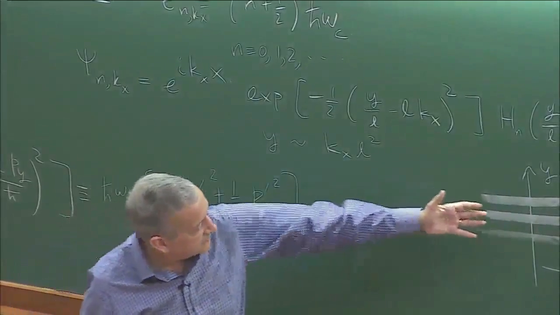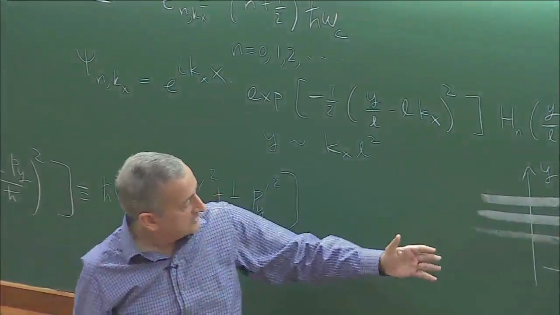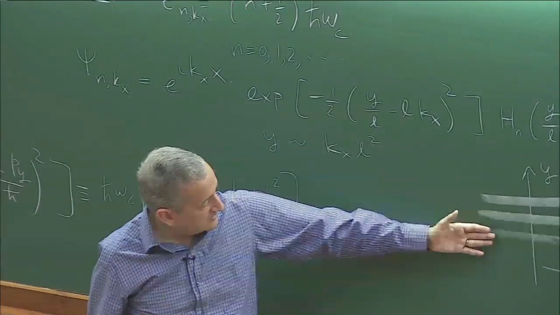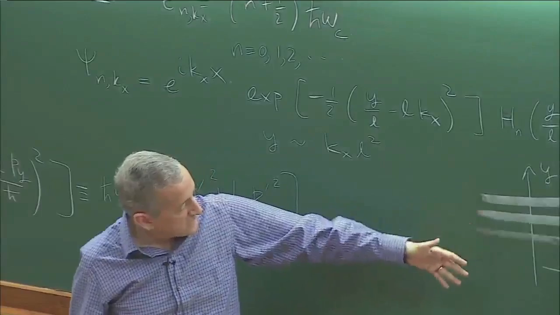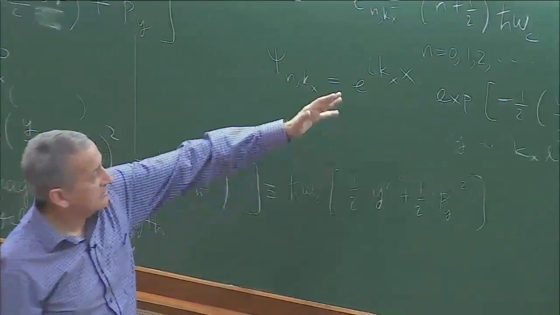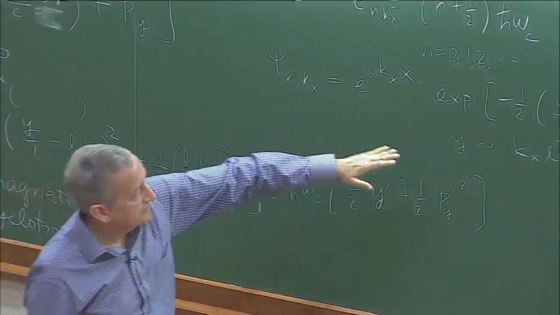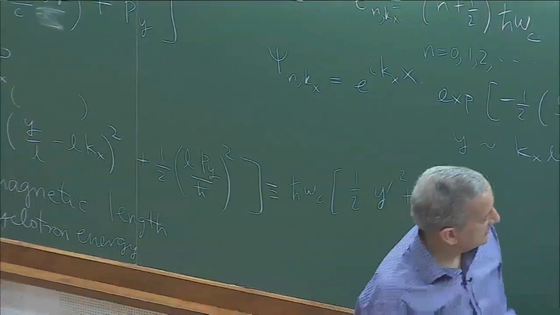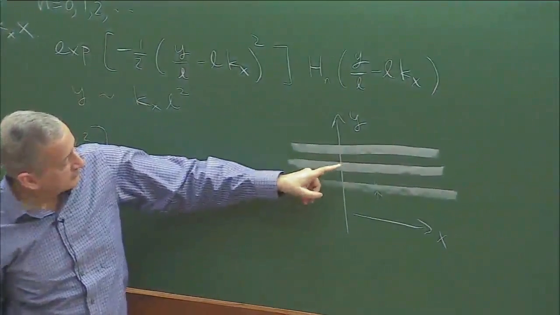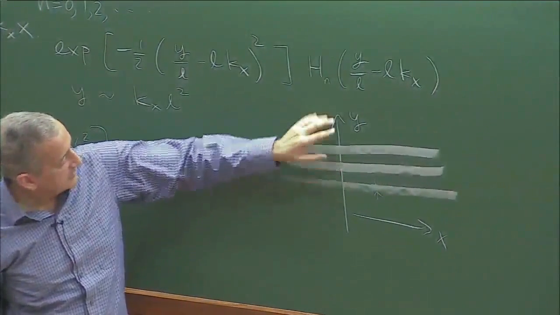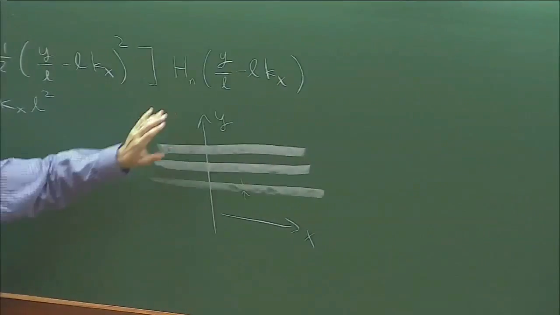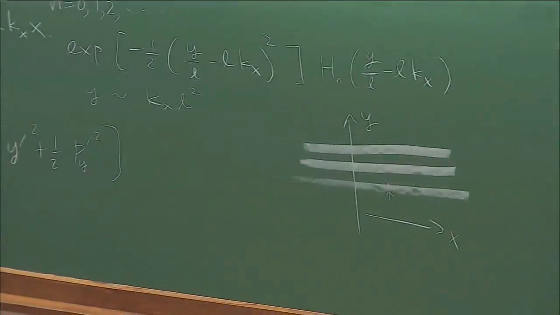So these wave functions are like lines, the positions of which depend on kx, but the energy is independent of kx. So for each Landau level, you have wave functions looking like this. The form factor in the y direction depends on which Landau level you are at, and that's given precisely by this Hermite polynomial.